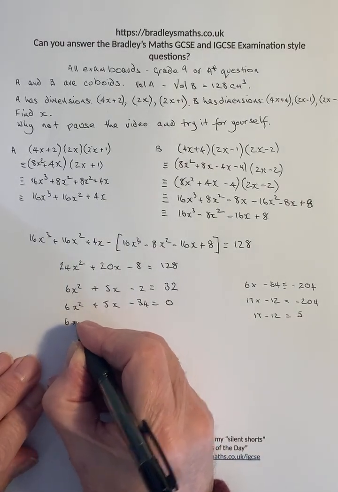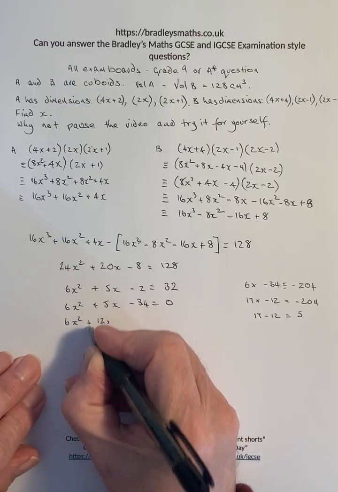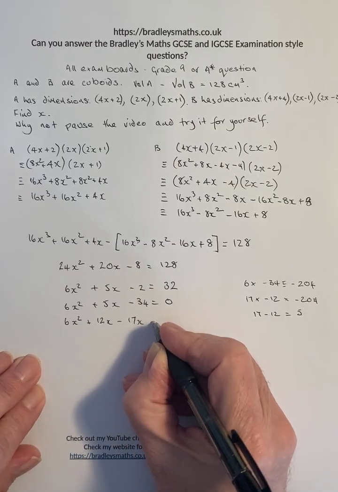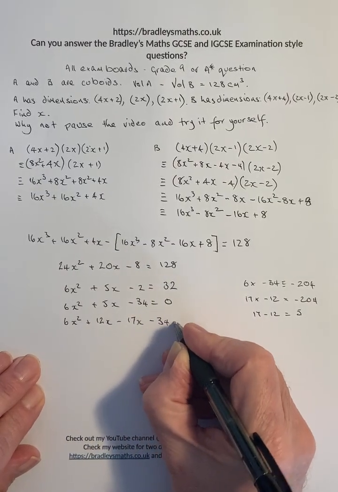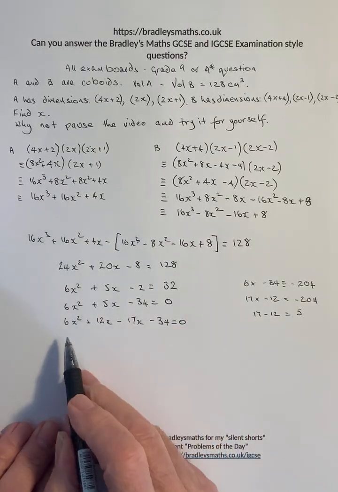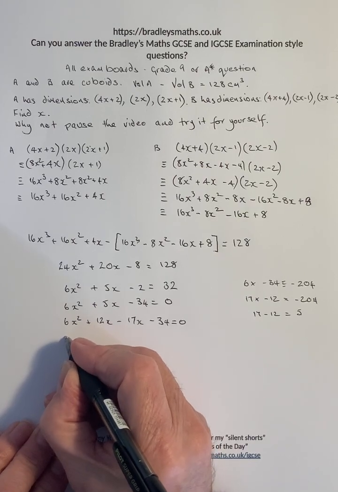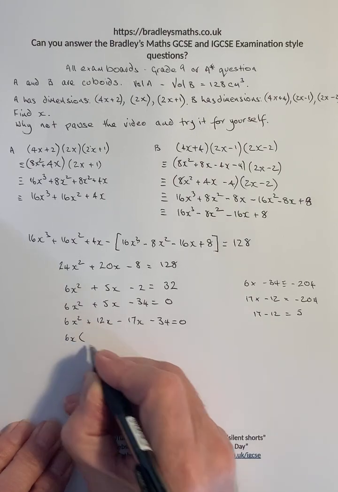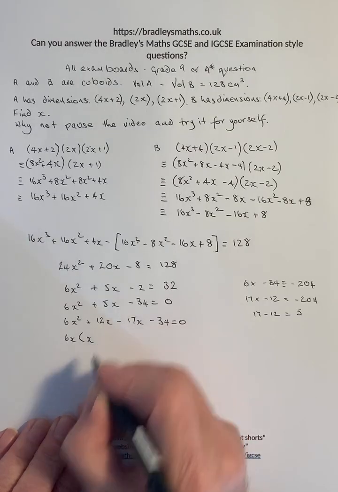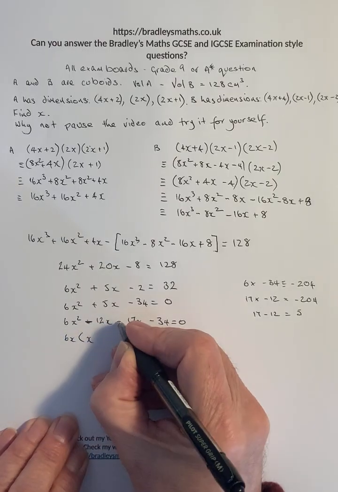So we have 6x squared plus 17x minus 12x minus 34 equals 0. So we take a factor of 6x out of here. This gives us 6x brackets x. I've gone the wrong way on these. That should be minus and that should be plus.